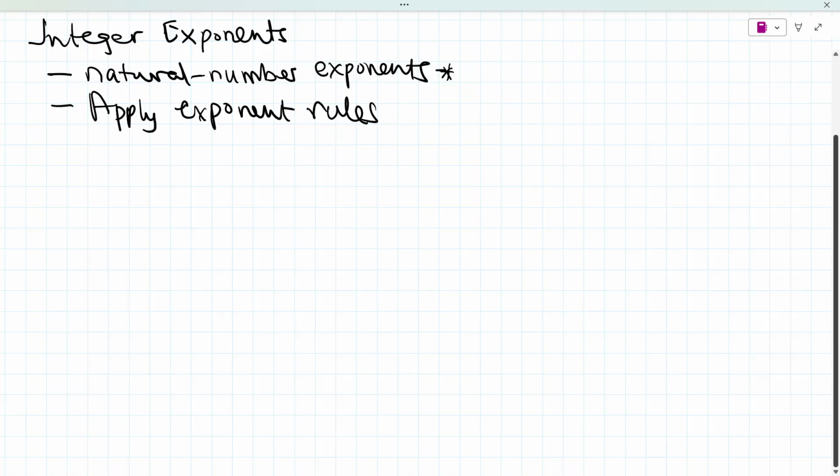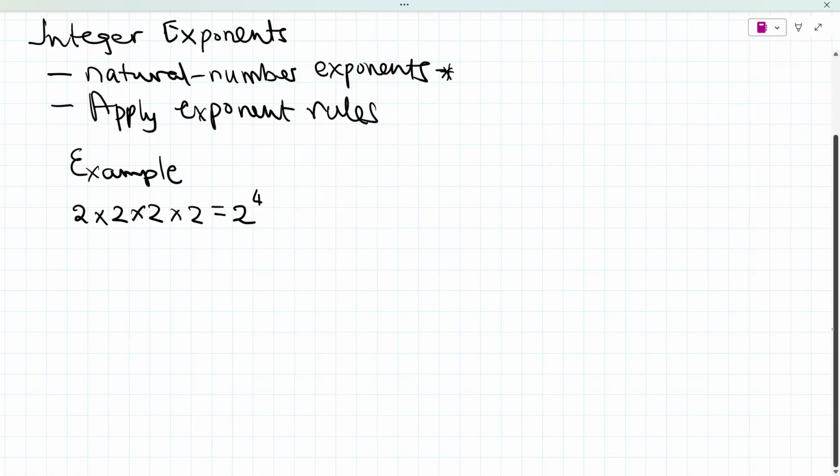When the same number is multiplied repeatedly, we can use an exponent as a shortcut. For example, if we have 2 multiplied by 2 multiplied by 2 multiplied by 2, this is the same as multiplying 2 by itself 4 times, and we express it as 2 to the power 4.